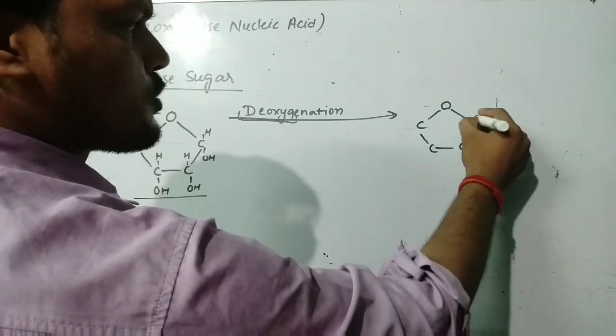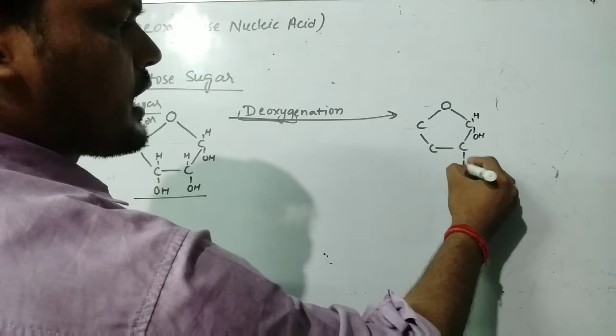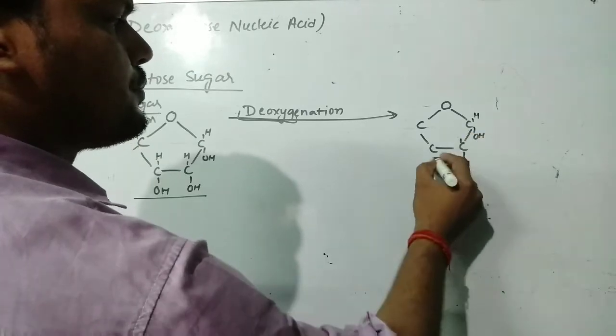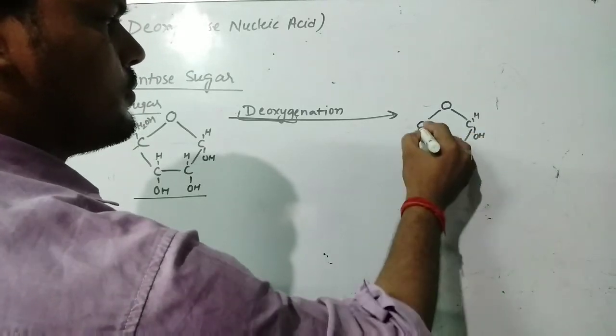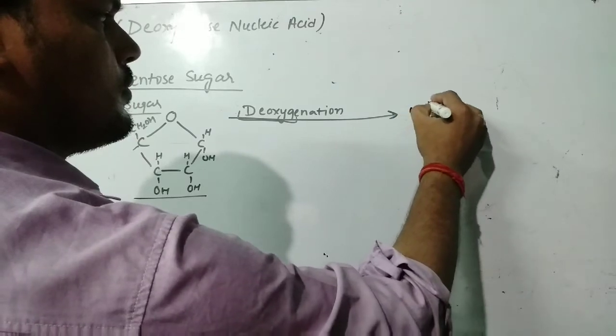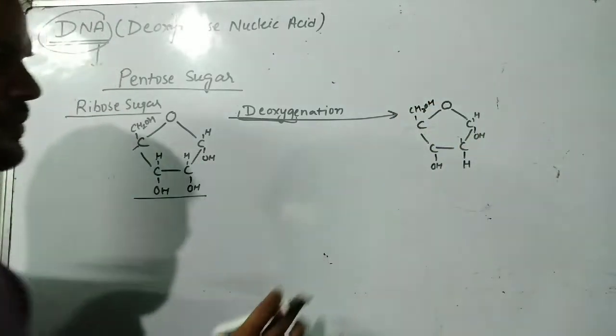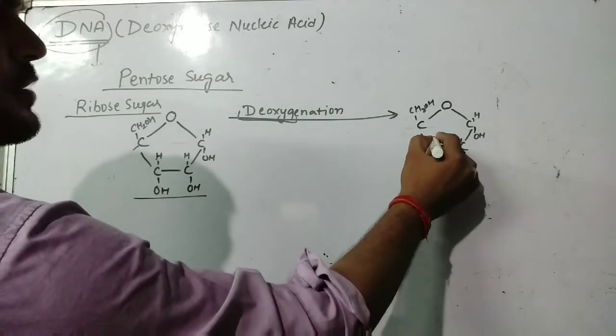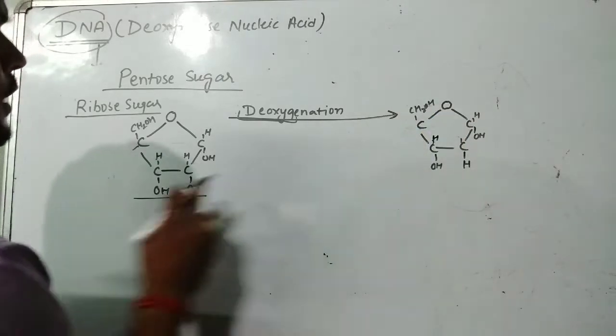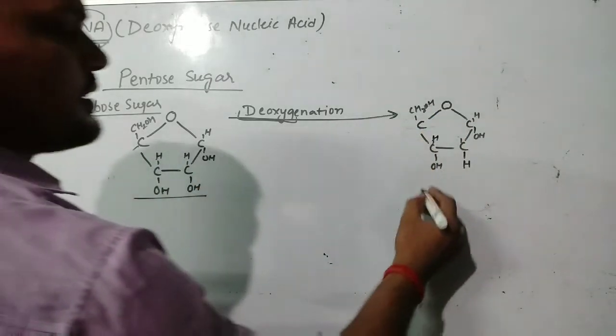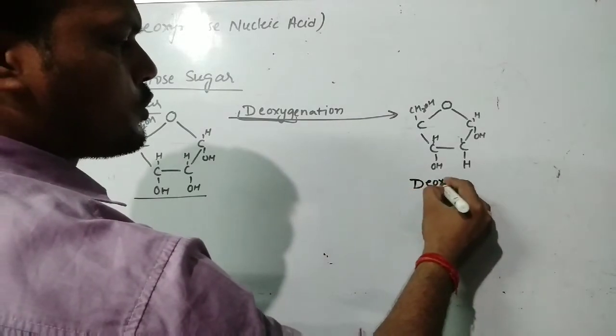So the first carbon has OH, H. The second carbon will have only H. This is the difference between this ribose sugar and this deoxyribose sugar.